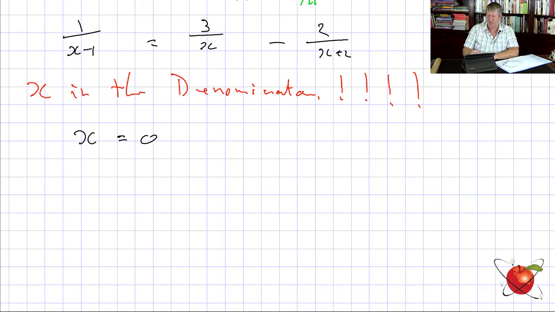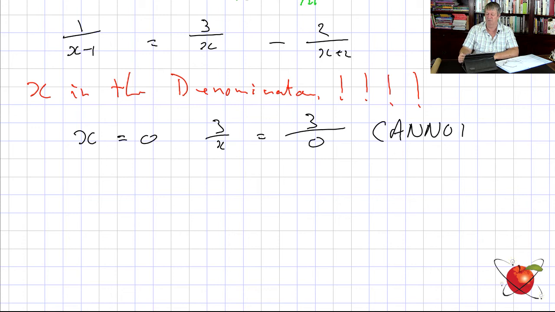Have a look here. At the top, we have 3 over x, which means if x was 0, it's 3 over 0, and we cannot do that. Which means we've come into a situation where we've got x's in the denominator, but there are going to be values of x that are not allowed.